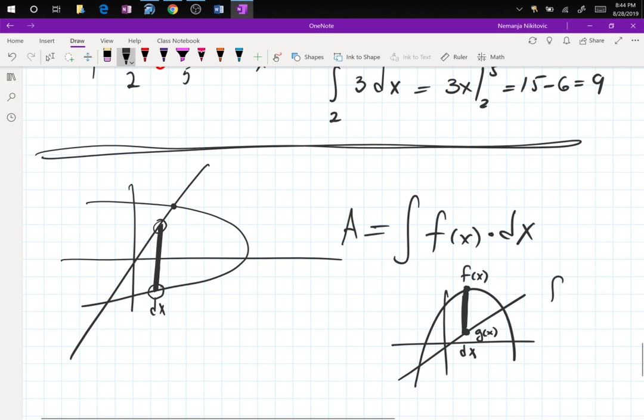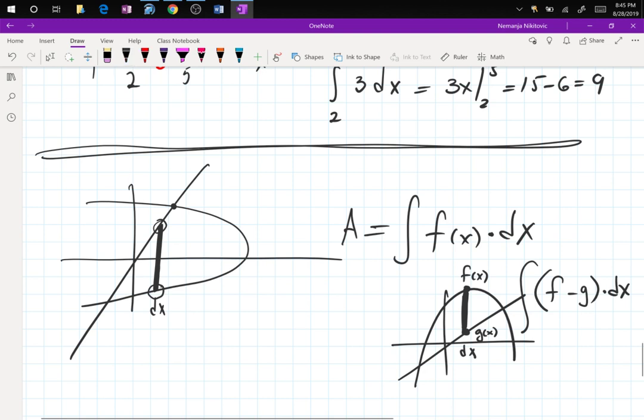So f on the top minus g on the bottom gives me the height of the rectangle, and times delta x for the width of the rectangle. And then I add infinitely many of them, which is what the integral sign means. Summation, add all of them. So do we understand this, hopefully? So the height is f minus g, and then times the width, which is dx. And then you put the integral in front to add all the other ones that are there, because this is not the only one. You have infinitely many of them. So that's what the integral sign is for.